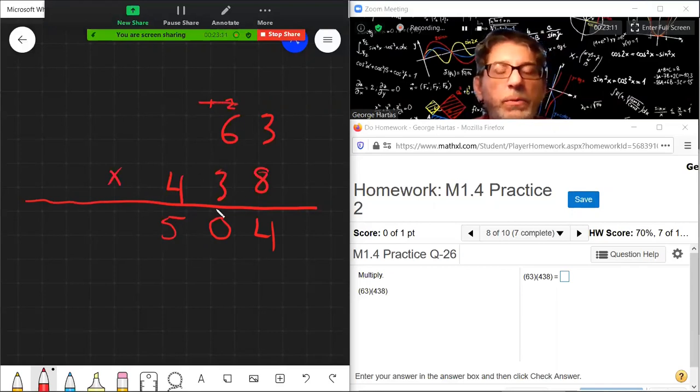Let's continue with the 3 now. And remember, we're going to put our answer right beneath the 3. 3 times 3 is 9. Put it underneath the 3 in the tens column. 3 times 6 is 18. Right-hand digit, left-hand digit. Again, this 1, we didn't bring it up here because there's no number up here to add. Never mind this.